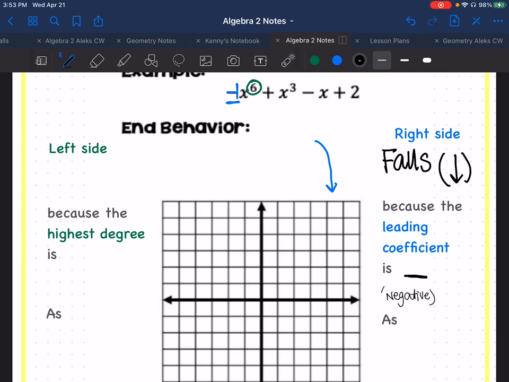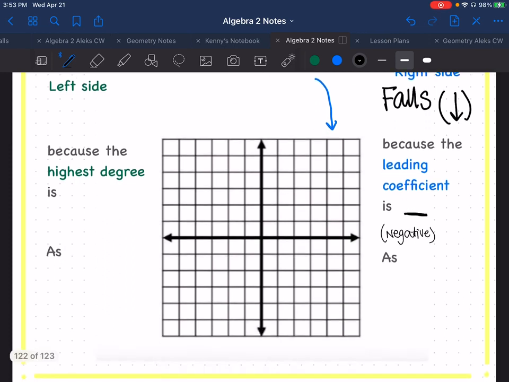That's why I'm writing it in here pretty small. This means that as x approaches positive infinity, remember, we're talking about the right side of the graph, right? So this is positive infinity on the right side of the graph. As x approaches positive infinity, y is going to approach negative infinity because it's falling.